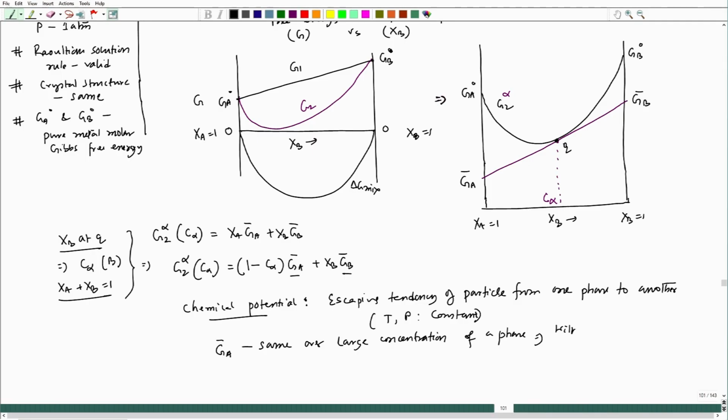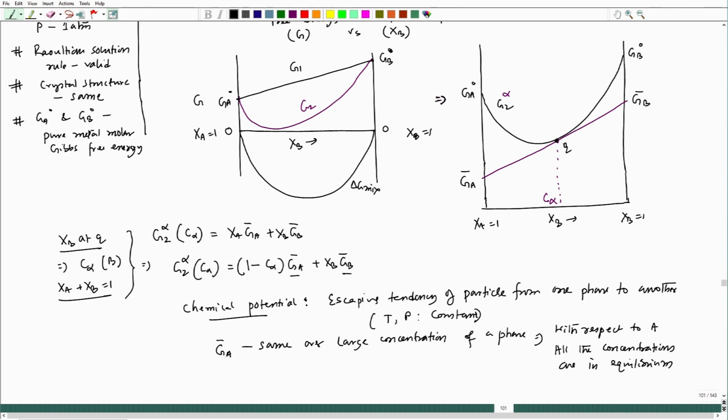So with respect to A, all the concentrations are in equilibrium, or we can say compositional equilibrium.